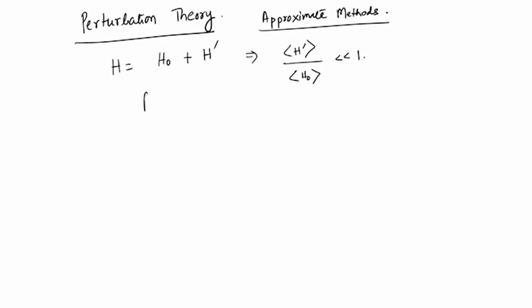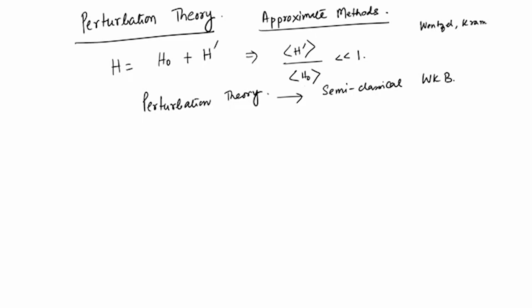Okay, so we use perturbation theory and one can actually build up a flow chart. This is perturbation theory, and this has a semi-classical approach which is called the WKB approximation, and WKB stands for Wentzel, Kramers and Brillouin.